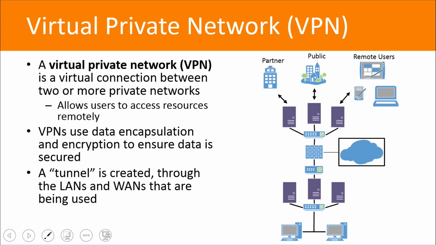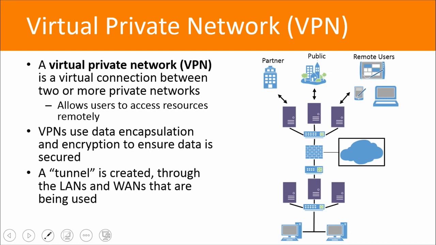That's just a virtual connection between two or more private networks. It allows users to access resources remotely. They're going to log in using a remote access protocol. And VPNs do this by simply encapsulating, or rather creating a tunnel in which communications can pass through, right?